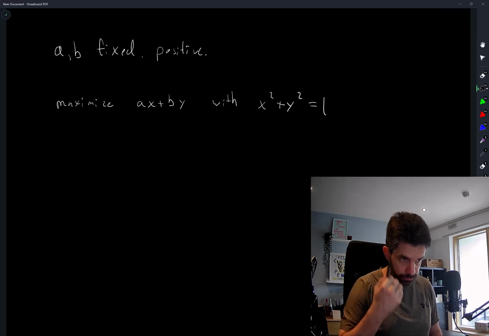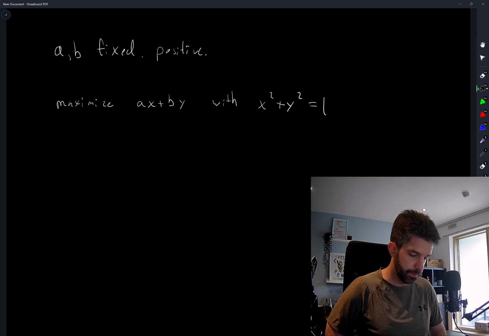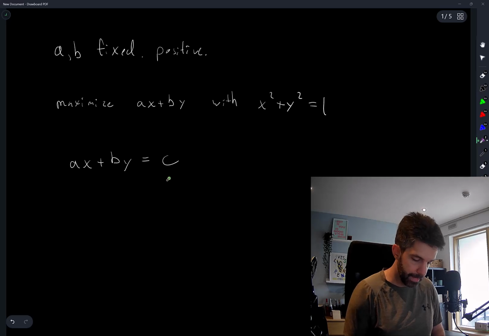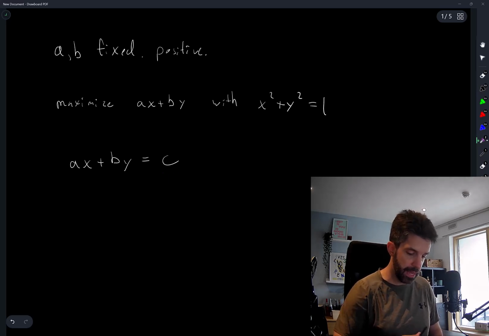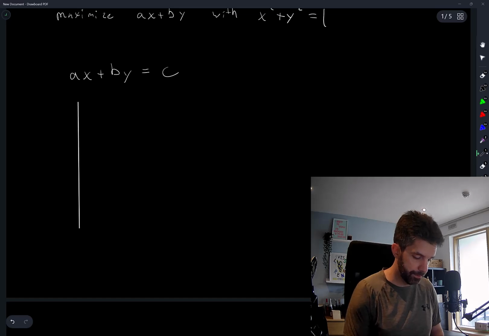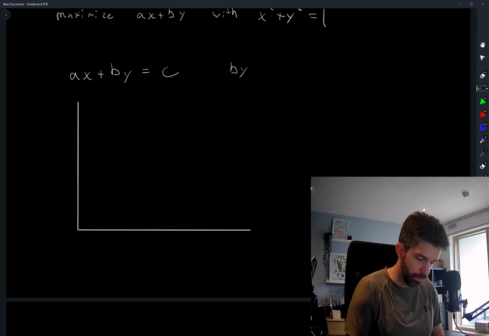I suppose there might be some geometric way of doing this. If I say, for example, ax plus by is equal to some constant c, then for every different value of c, this gives us a line in the plane, and because x and y are positive, this translates to by equals c minus ax.